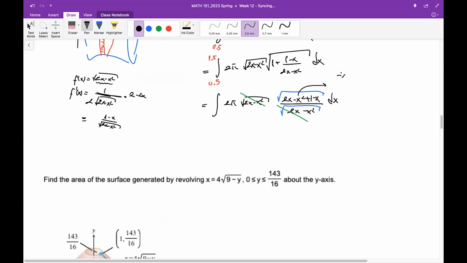So minus x squared plus x plus 1. And I think this is 1 minus x squared, right? Okay, then this goes like 2 pi. We simplified these two, okay. And then what we have there inside the square root is 2x minus x squared.